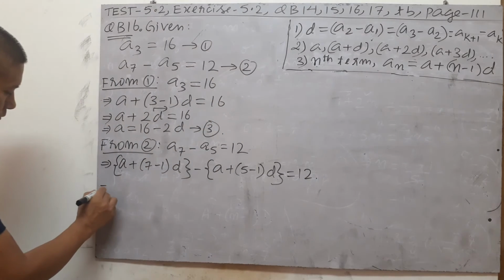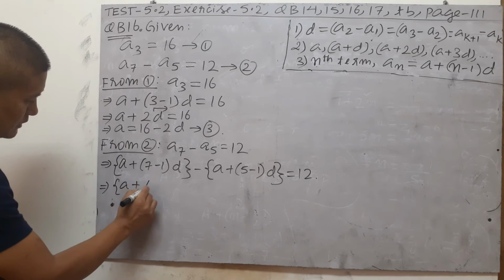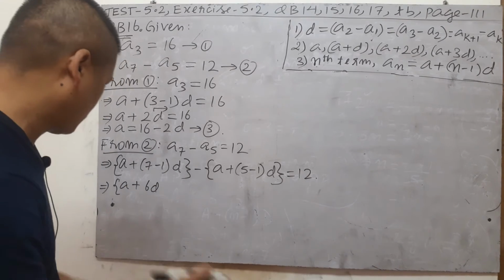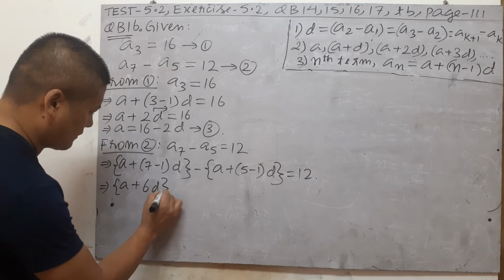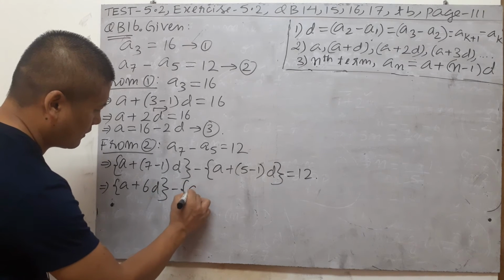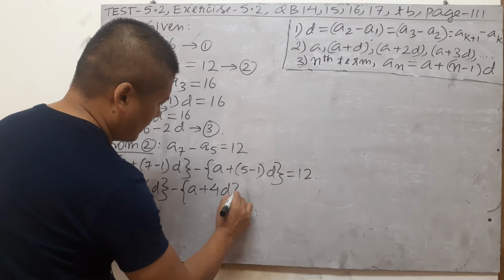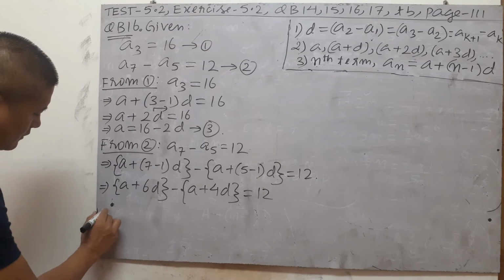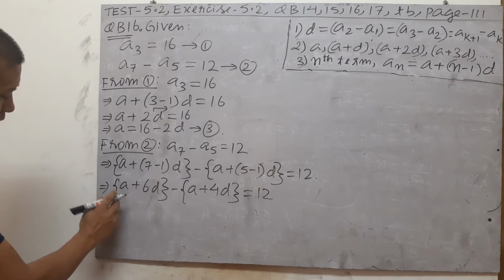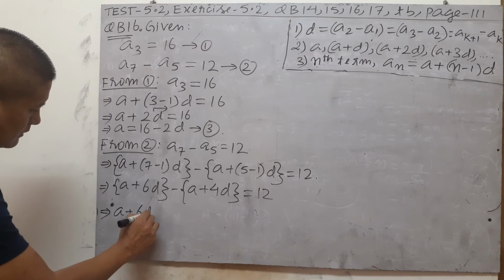So that gives you A plus 7 minus 1 is 6D, minus A plus 5 minus 1 is 4D, equal to 12. If we remove this bracket, plus into plus is plus, so the same thing inside: A plus 6D.